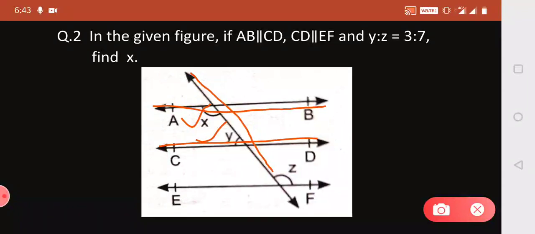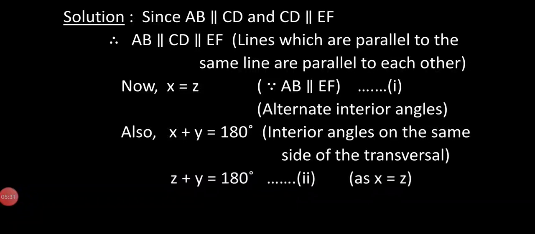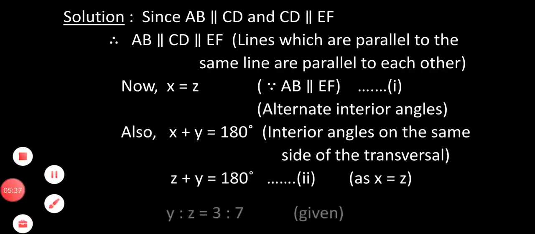But we have seen that x equal to z because they are a pair of alternate interior angles. So we replace the value of x as z and we write z plus y equal to 180 degree.